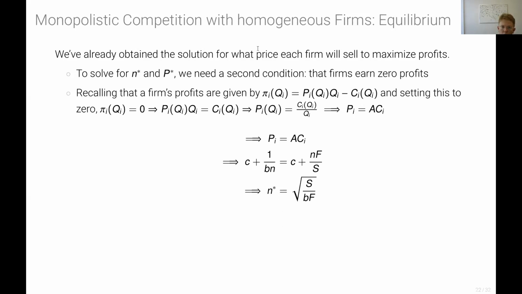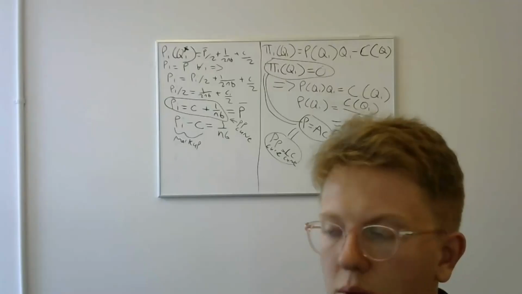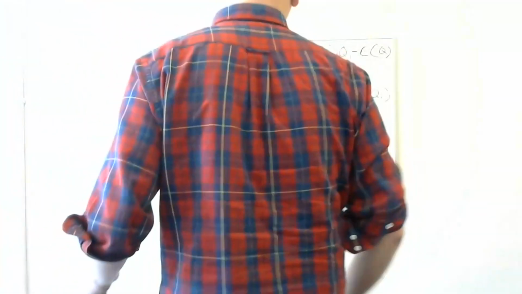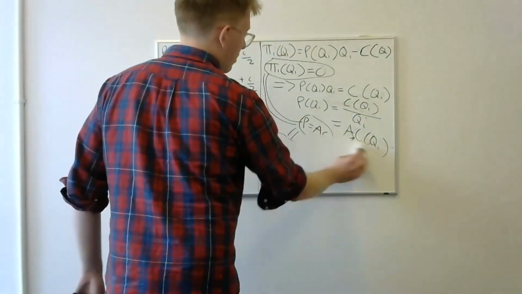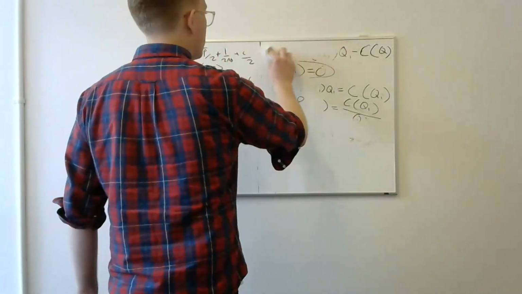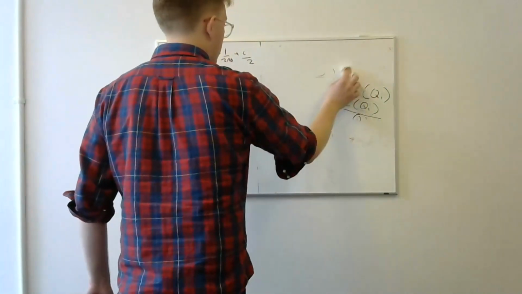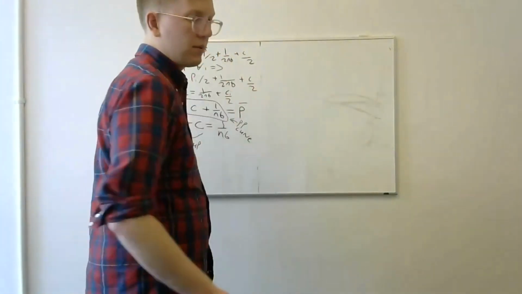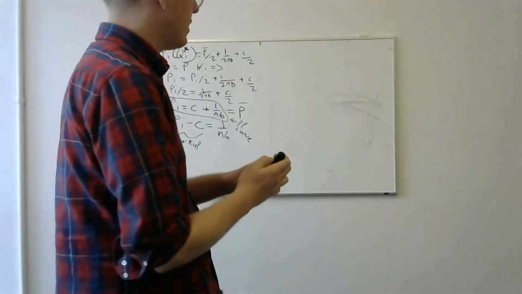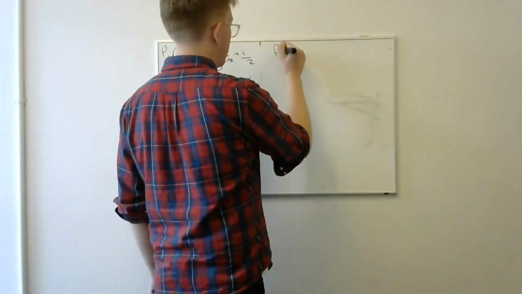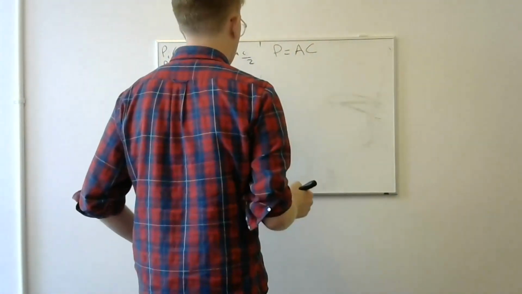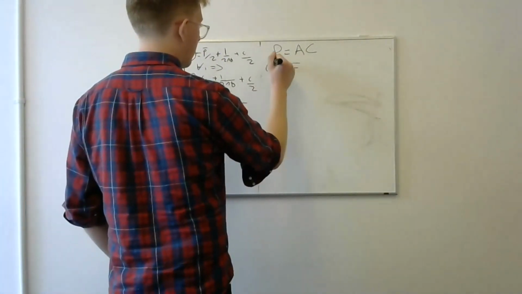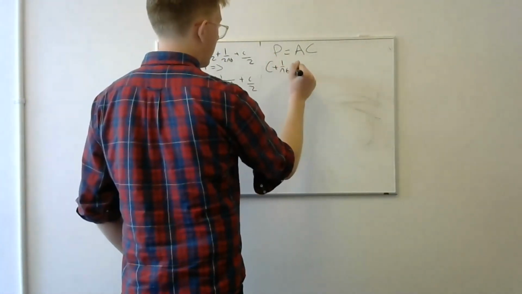And so I can do that math out. So again, what we'll have is we want P equal to AC, and so P here is equal to C plus 1 over NB.